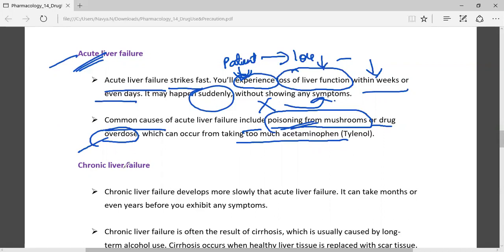Now the next concept is chronic liver failure.